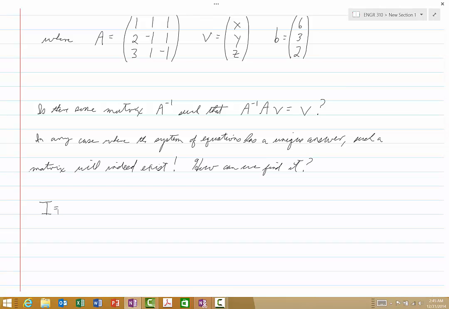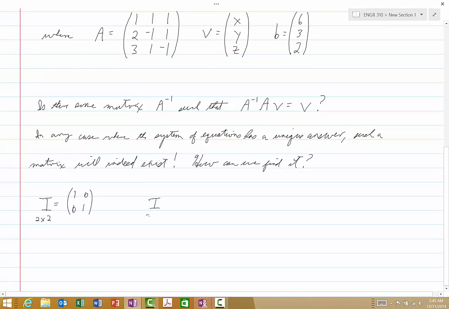You have to know what order you're talking about, but the 2x2 identity matrix is that. The 3x3 identity matrix is this.